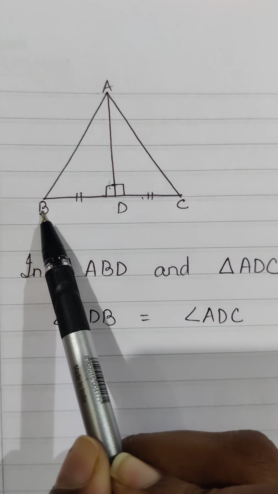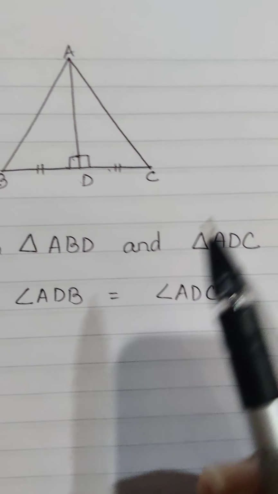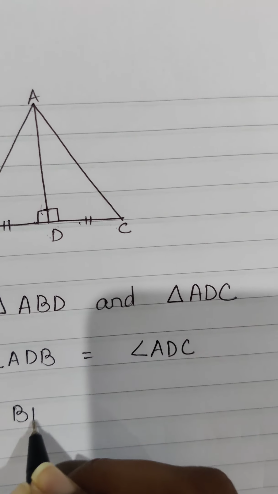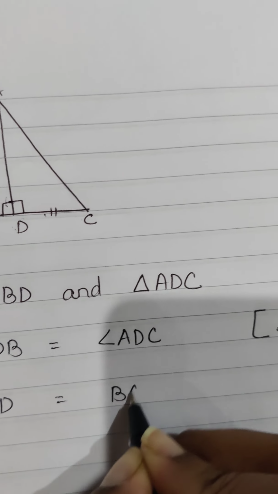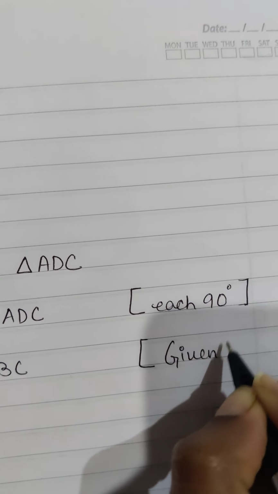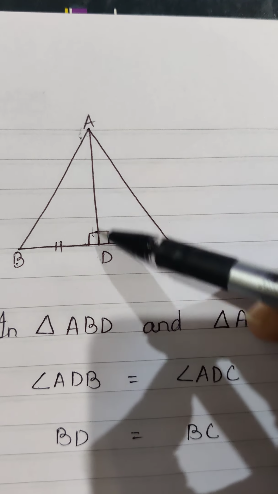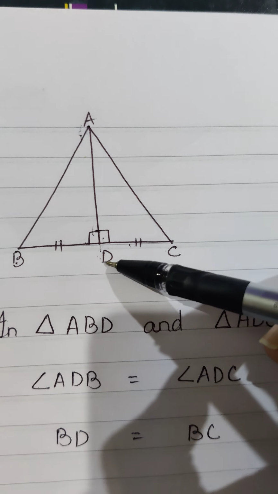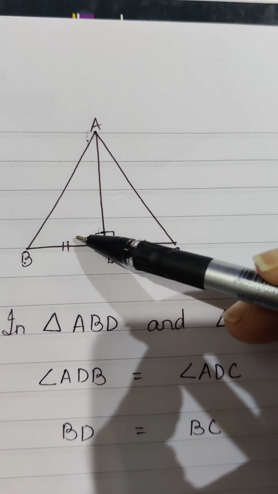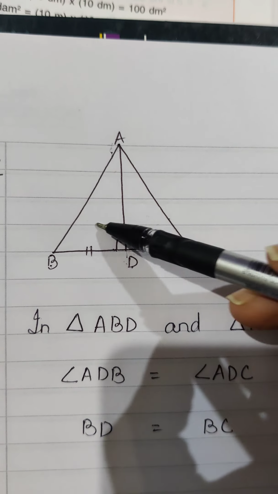Okay. Next, if you see in this triangle, what can we write? It has already been given in the question that line segment BD is equal to line segment DC. So we'll write BD is equal to DC. Again, the reason will be what? It will be simply given. Okay. Next thing, if you see this line AD, it is common between both of these triangles.